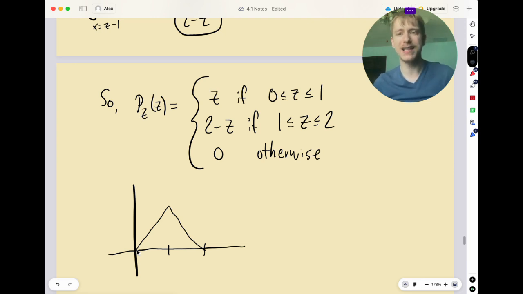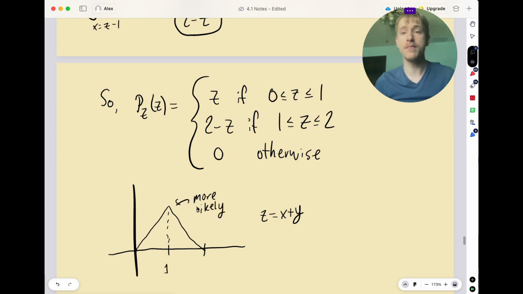Well, it's more likely that x and y are going to sum up to something around 1. Okay, so this is more likely than the endpoints. Because at the endpoints, for something very small, both x and y have to be small, and for something big, both x and y have to be big. At least for here, you have a lot of different possibilities.